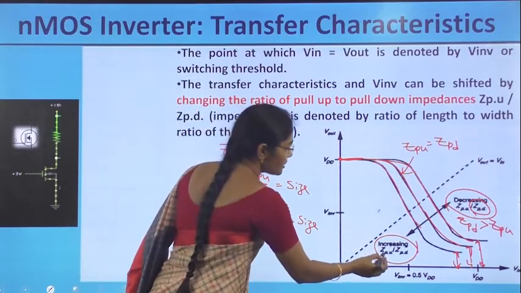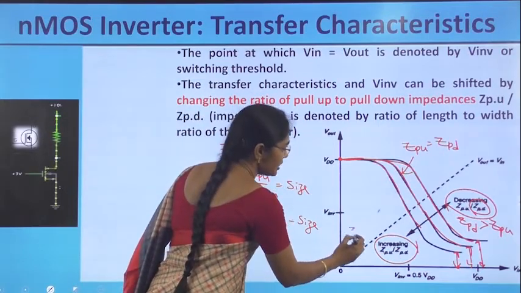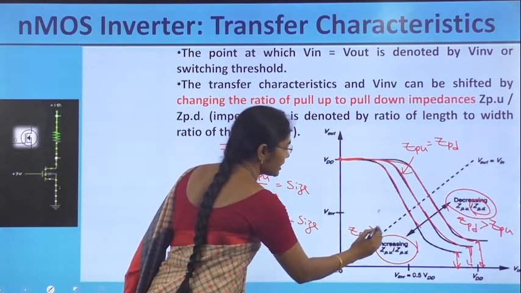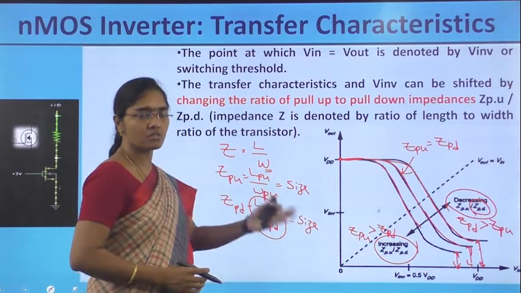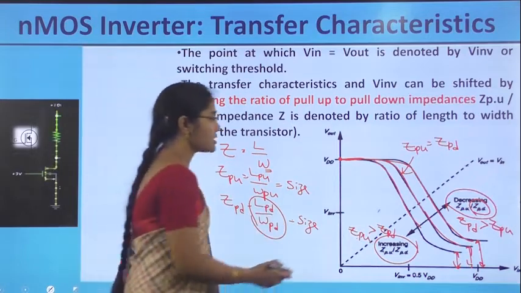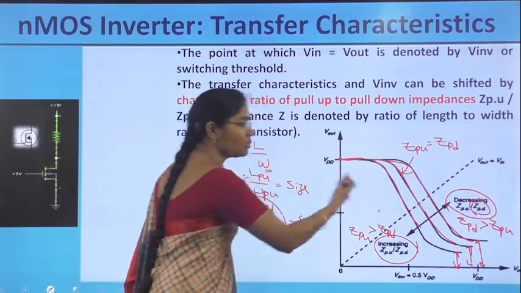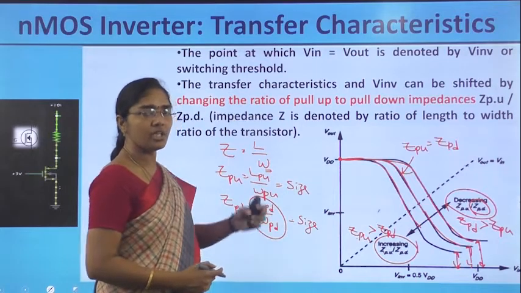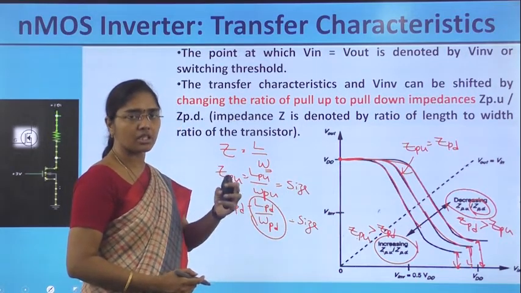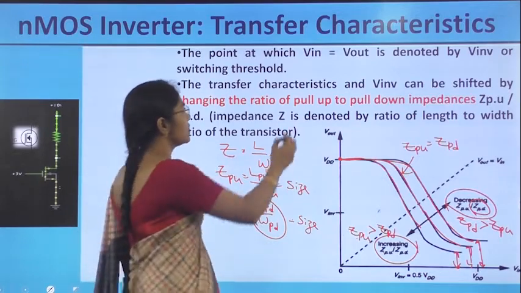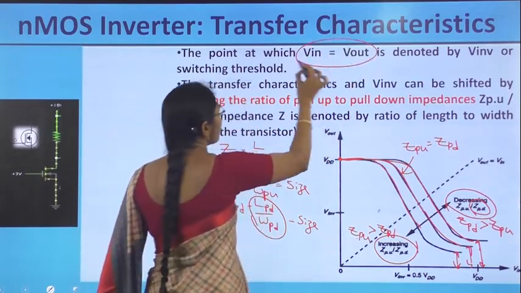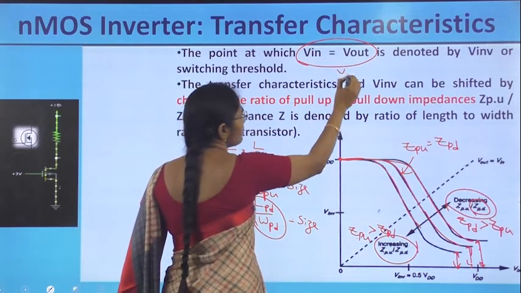When ZPU by ZPD is increasing, ZPU is greater than ZPD, that means the pull up device is stronger compared to the pull down device, and the characteristic moves this side. Here Vinv is the point where Vin and Vout are both the same. So Vin equal to Vout is called Vinv here.